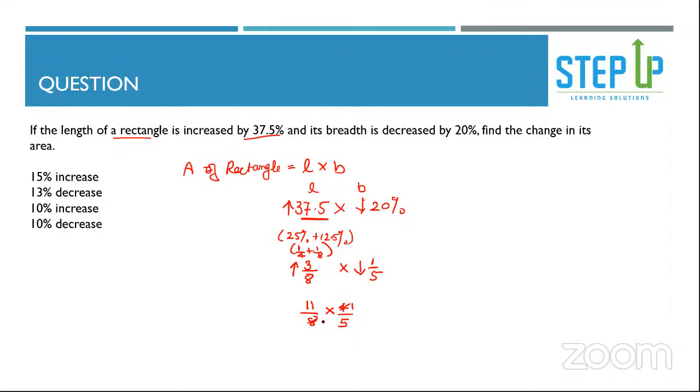So 4 1s are 4, 4 2s are 8, and you get 11 by 10. Multiply by 10 so that you get 110 by 100. In the denominator I want 100, that's why. So 100 became 110. It means a 10% increase. That's your answer: 10% increase. Fine. Let's move to the next one.